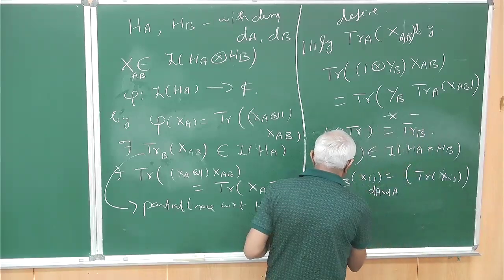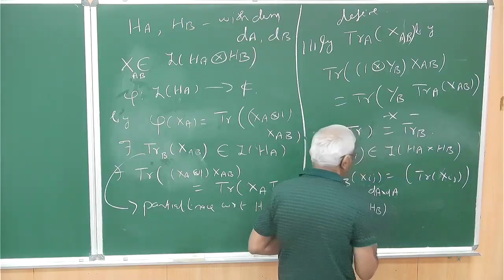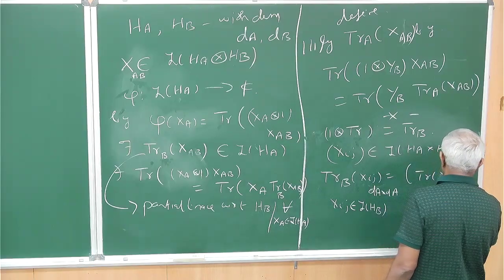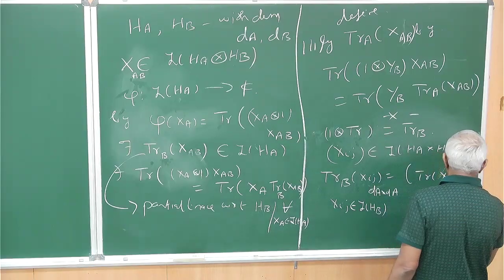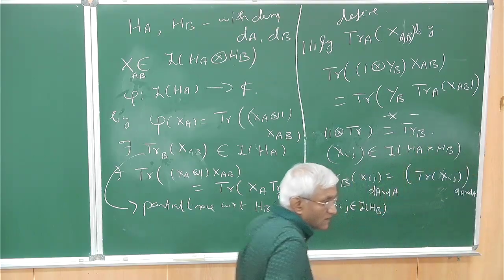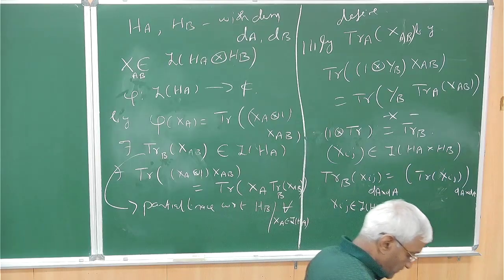All these X_ij are in L of HB, but the trace is a scalar. This whole thing is a dA cross dA matrix. Usually each entry is a number, a complex number.